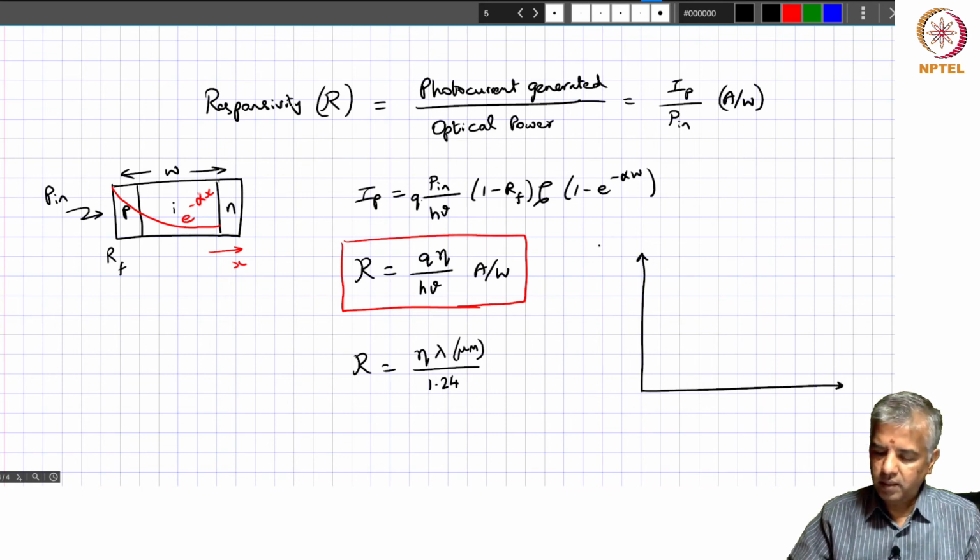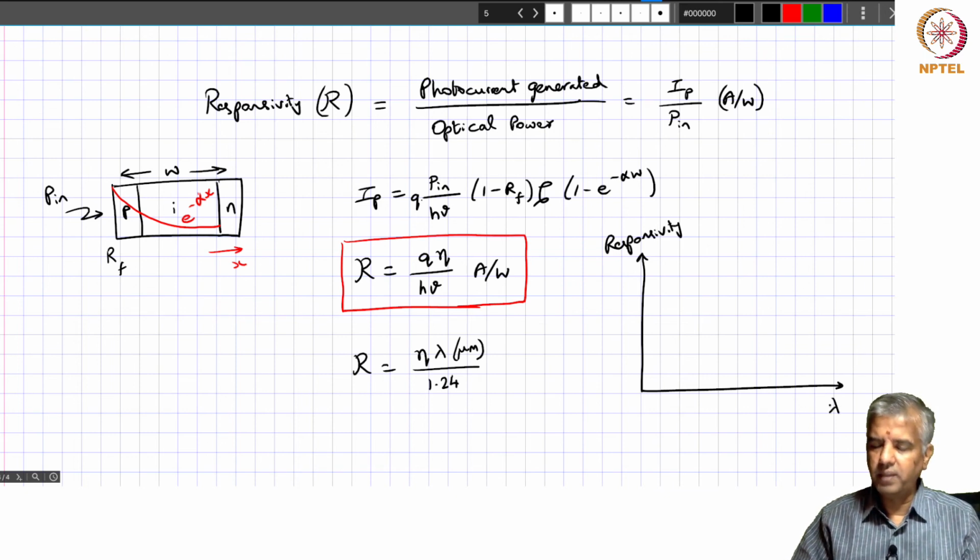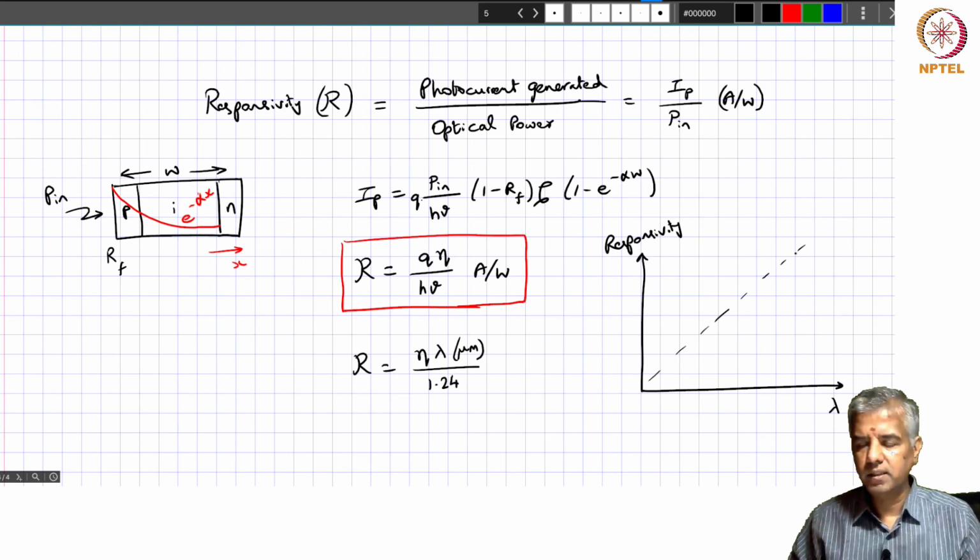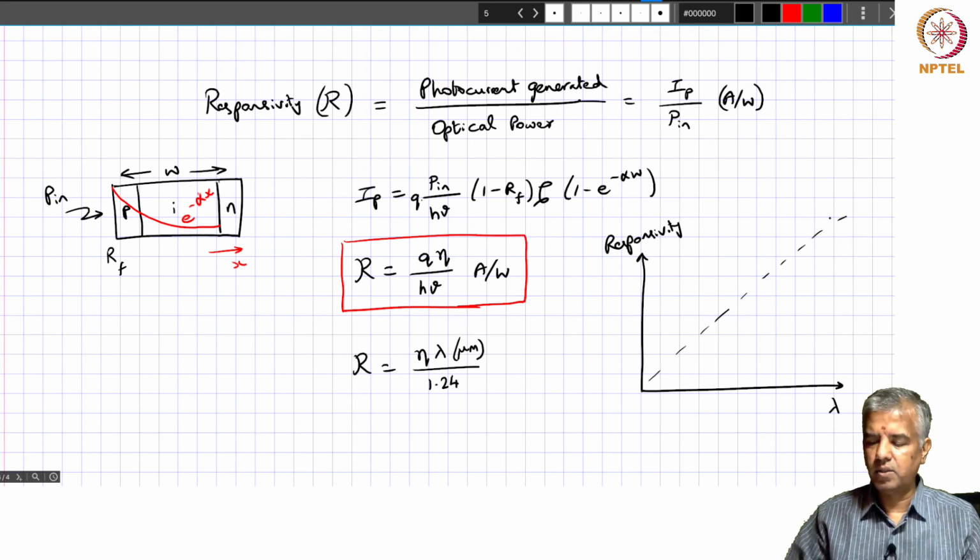If I am looking at the responsivity as a function of wavelength, we are saying that for a certain value of eta, the responsivity will be larger as a function of lambda, okay.